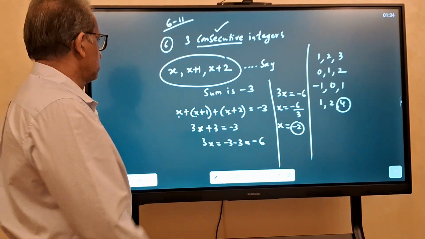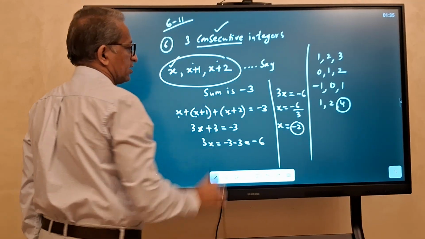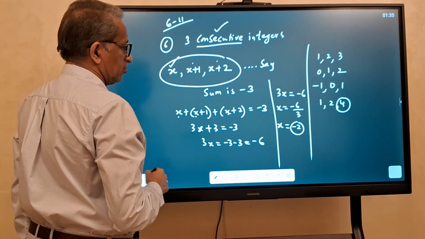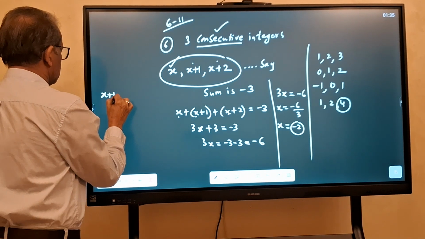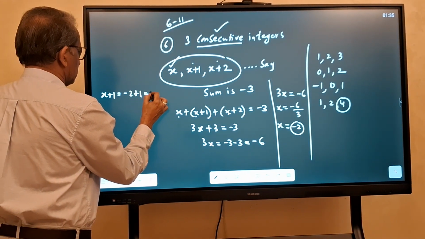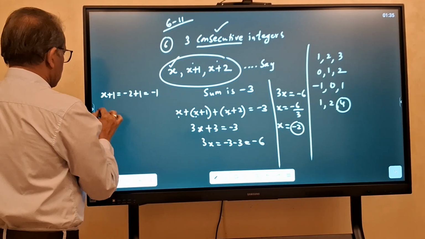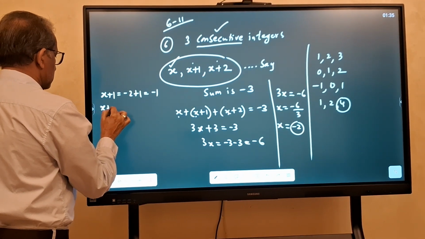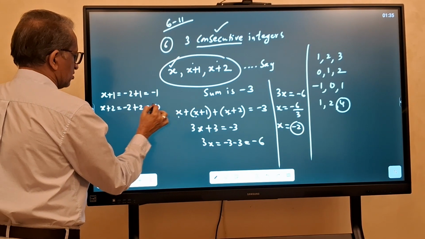Now, we have got this, so I will have to find the next numbers. If x is equal to minus 2 is the first number, what would be the second number? The second number will be x plus 1, that is minus 2 plus 1, that is minus 1. And then what is the last number? x plus 2, that is minus 2 plus 2, it is 0.